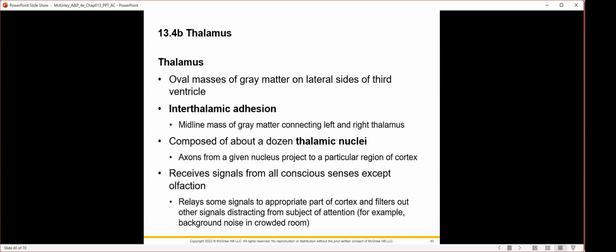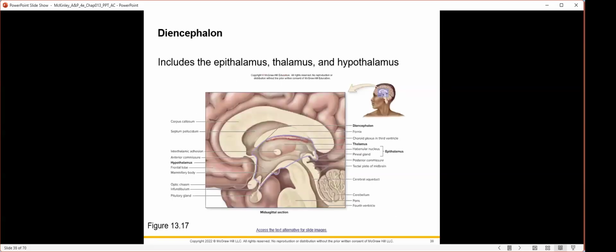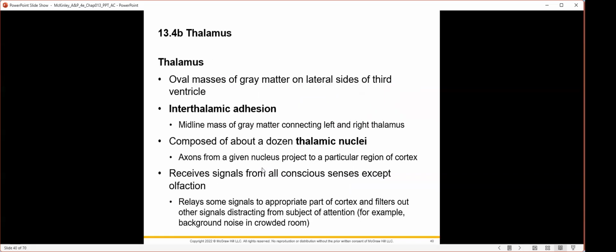The thalamus itself is a larger structure, and I'll point it out real quick. The thalamus and hypothalamus are going to be down here. The thalamus contains a number of different thalamic nuclei. And remember, that term nuclei just means neuron cell bodies all clustered together.